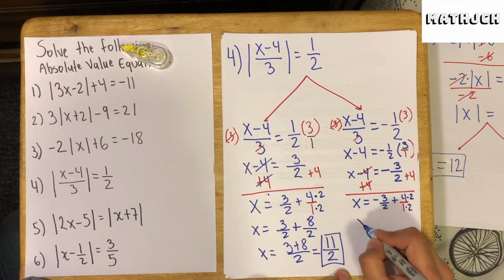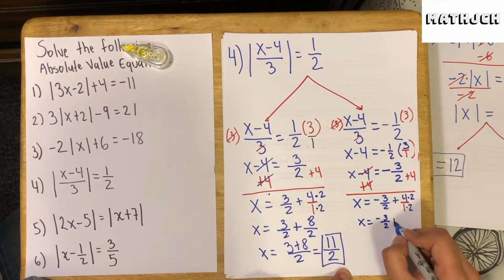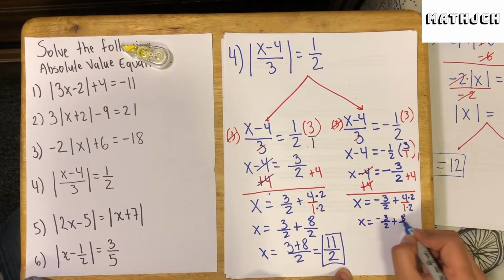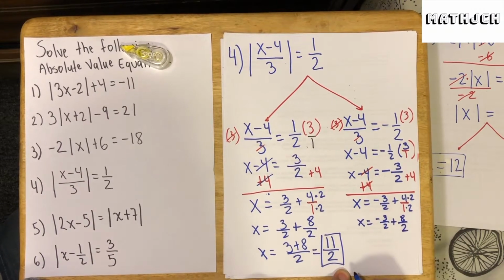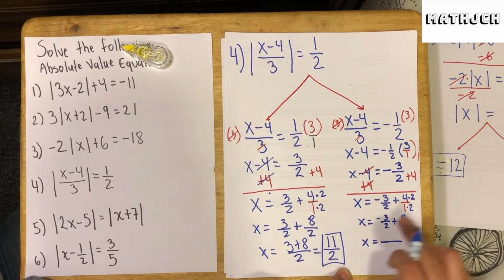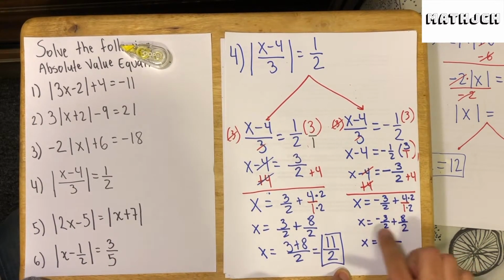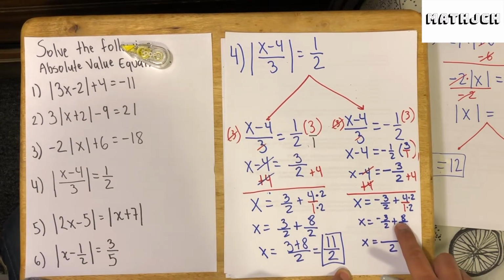So I'm going to have x equals negative 3/2 plus 4 times 2, 8, 1 times 2, 2. And then I just combine the numerators, the top numbers, and leave just one of the 2s here. Now I'm going to have negative 3 plus 8.